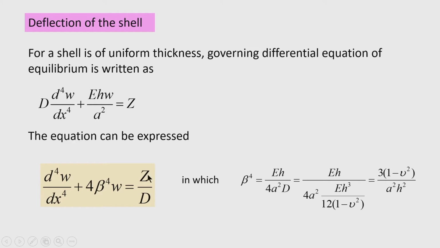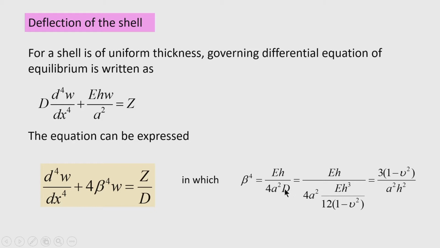You can see here z is the load acting along the normal to the surface, which we call a radial load, and D is the flexural rigidity of the shell, whereas beta is a characteristic parameter that contains the material properties as well as the shell dimensions. The beta to the power 4 expression is given by E h divided by 4 a square D, where a is the radius of the shell and D is the flexural rigidity.